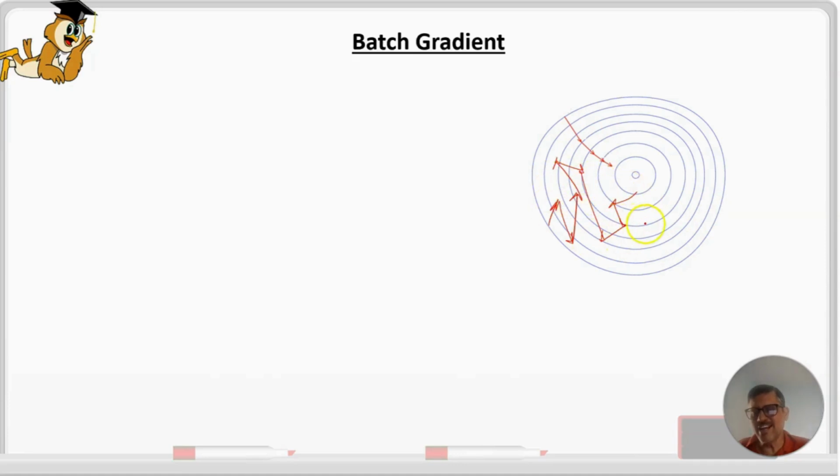It's not going to be as random as stochastic descent. Maybe it's going to be a little bit more, I don't know, so on and so forth, right? So the batch gradient descent is somewhat of a compromise between extreme computation on one hand and extreme randomness on the other.